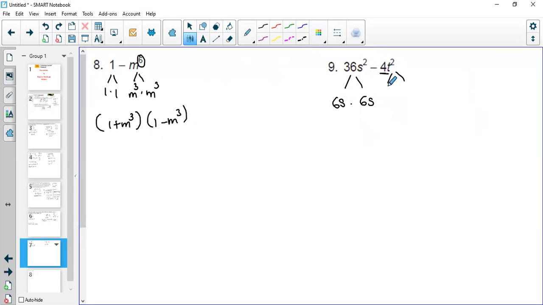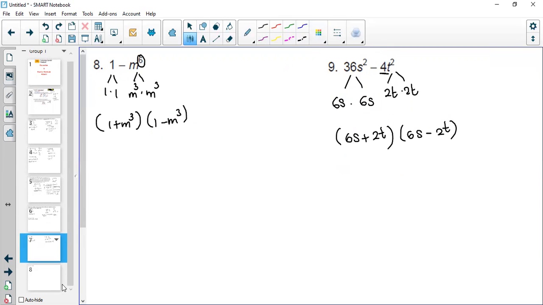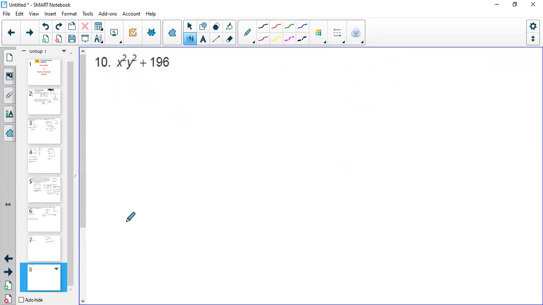The square root of 4 is going to be 2 and 2. Then again, t squared can be divided as t and t. So we are going to write it in the form 6s plus 2t, 6s minus 2t. It's easy, but then you need proper observation.